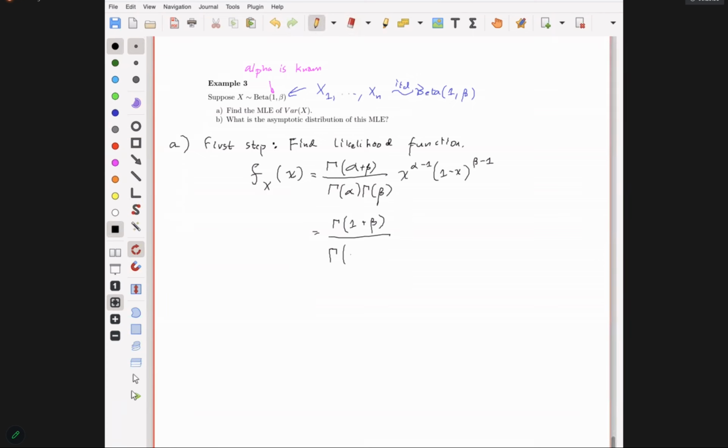So this is gamma of 1 plus beta over gamma of 1, gamma of beta, x to the, I plug in 1 for alpha, x to the 1 minus 1, times 1 minus x to the beta minus 1. And now, what properties can we apply to simplify this further?